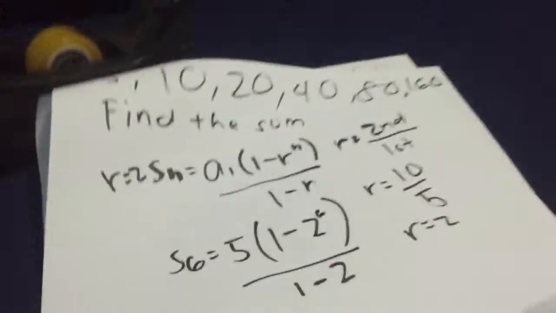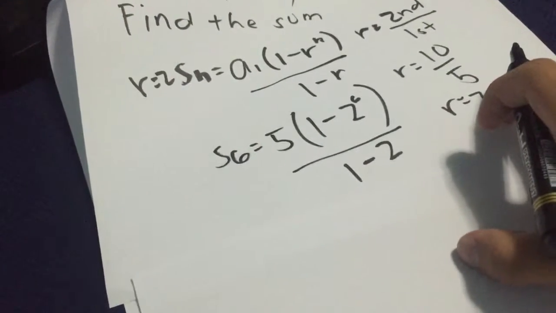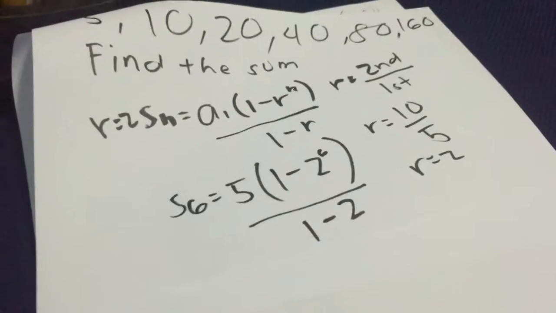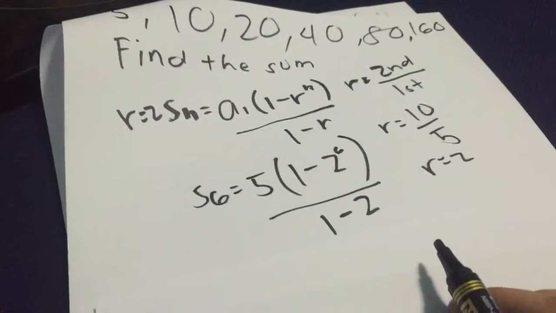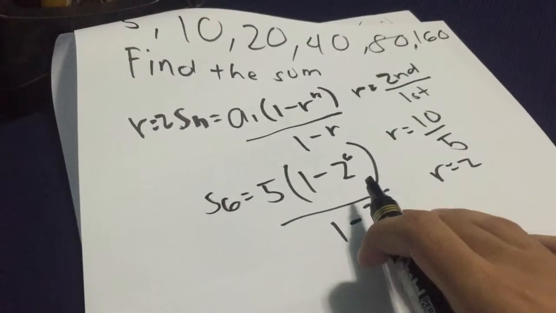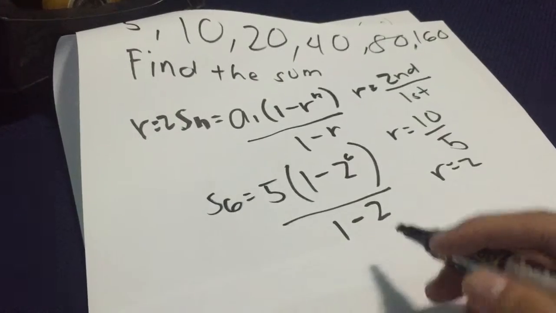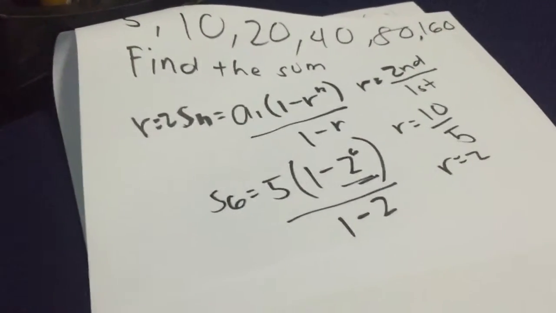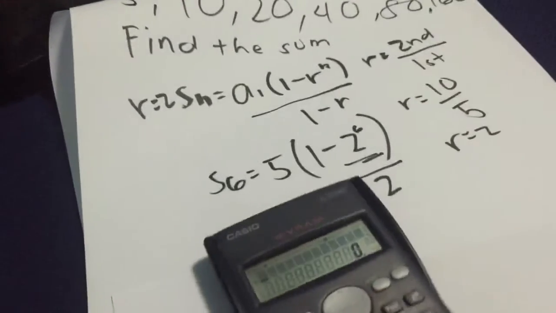Okay, so here we are going to compute the numbers. So first we have to raise this 2 to the 6th power. So again, we are going to need our calculator to do this.